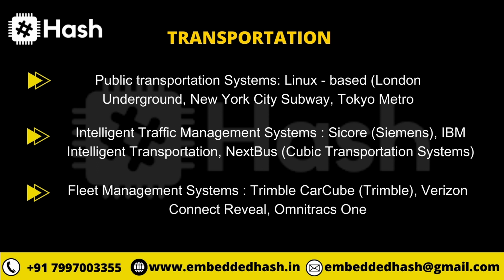So when you are at the signal, sometimes you are able to see on top of the signal something called ATS, which is automated traffic system. So those are the systems which are managing the traffic lights. Fleet management. Companies like Ola and Uber, they have to manage thousands of vehicles. That is managed by an operating system.